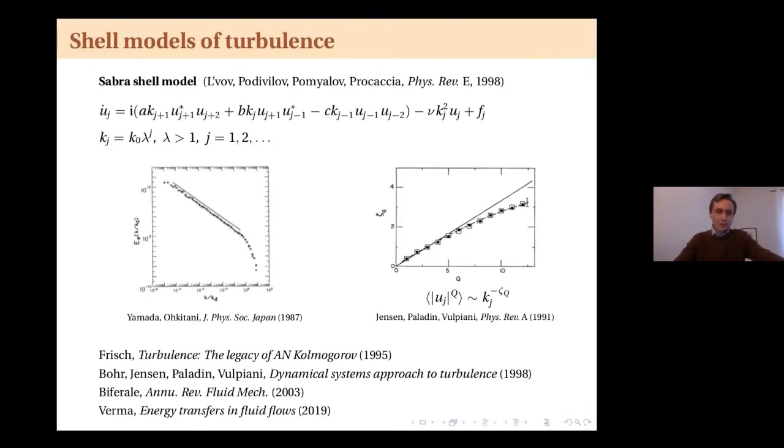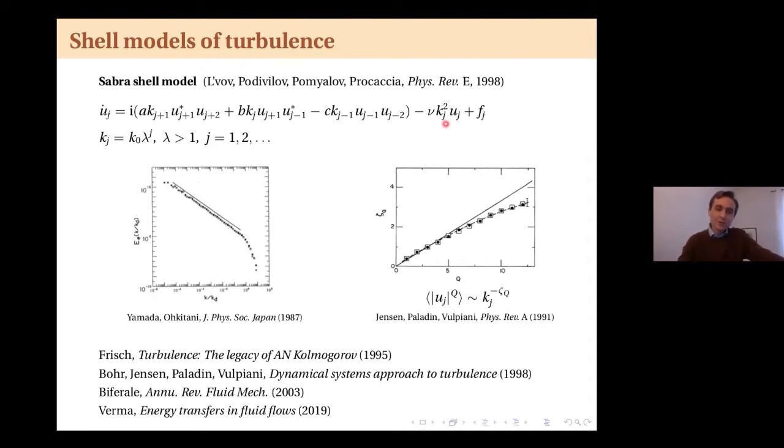Shell models are systems of ordinary differential equations where the variables uj are complex variables which loosely represent the Fourier amplitudes of the velocity. The numbers k's are interpreted as wave numbers. They play the role of wave numbers, and they are spaced logarithmically, so that one can achieve very wide ranges in wave numbers, which means very large Reynolds numbers.